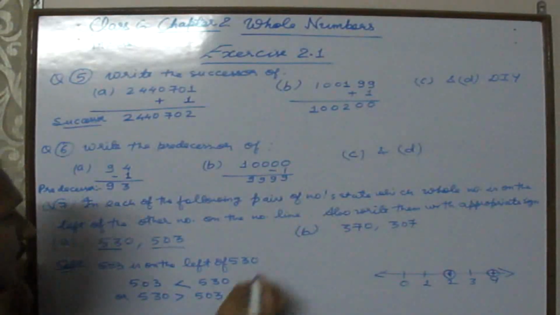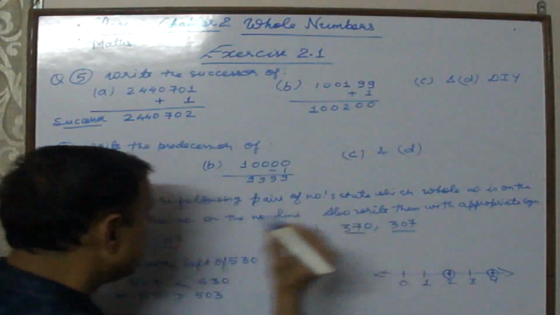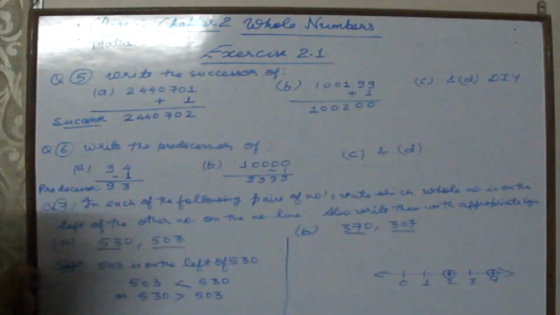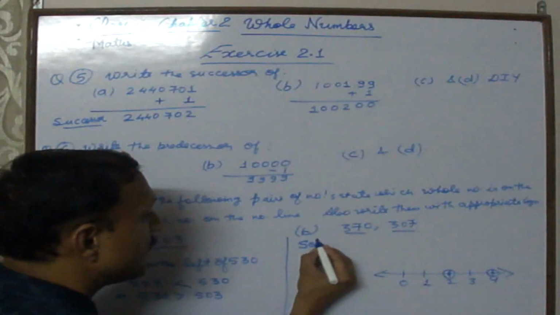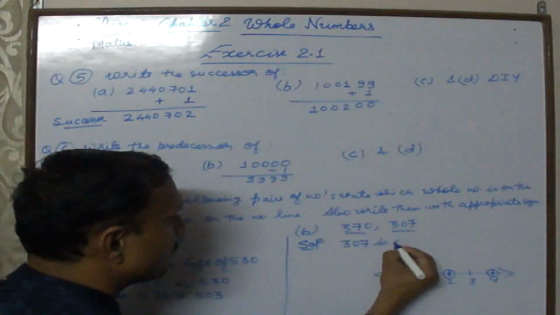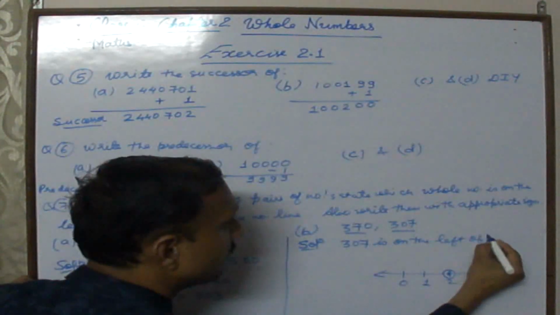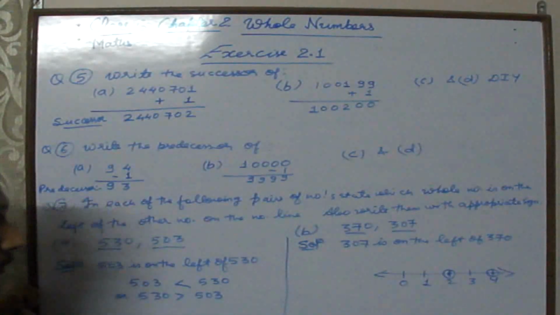Now let us do one more. Here also, which is smaller among them, 307 and 370? The number which is smallest always comes to the left. So 307 is on the left of 370. Now we have to write using the sign also.